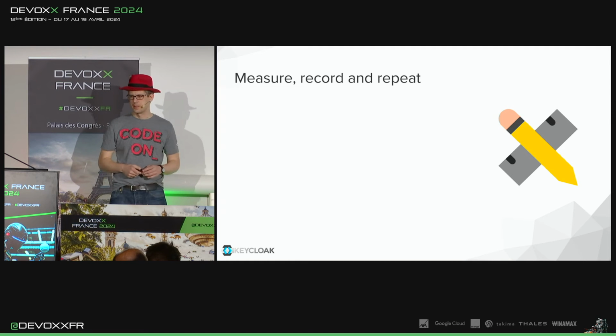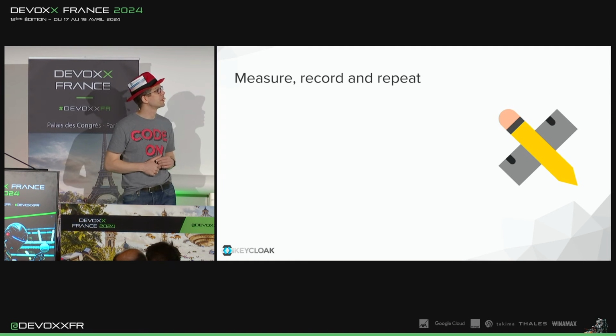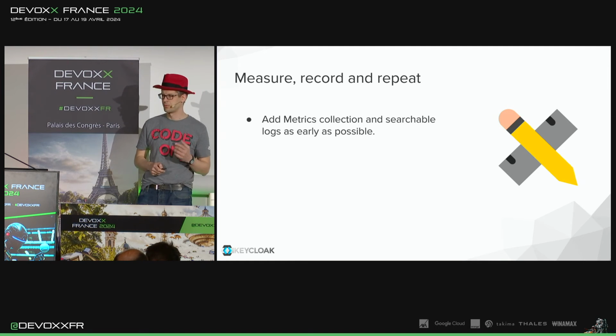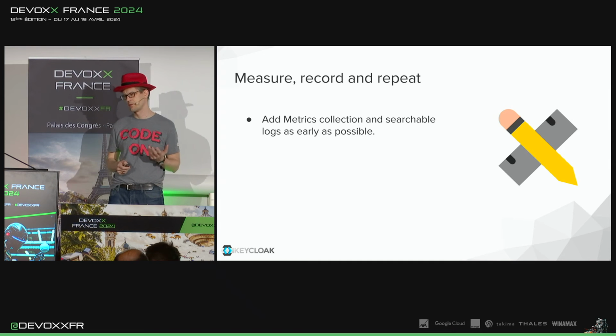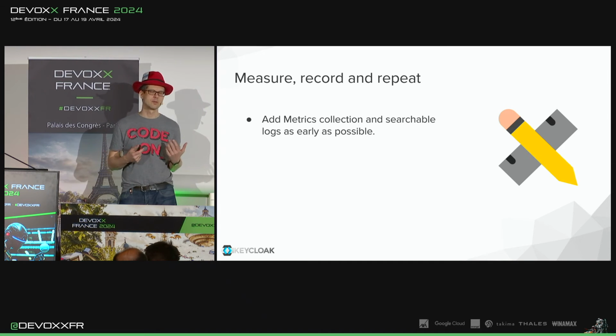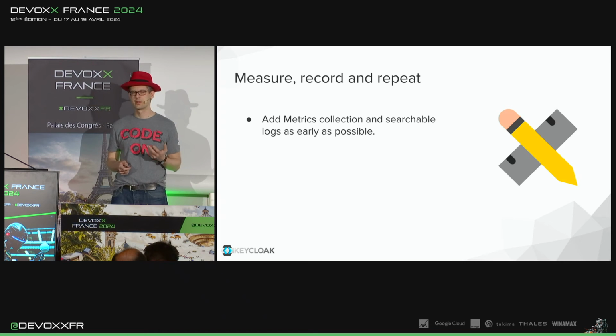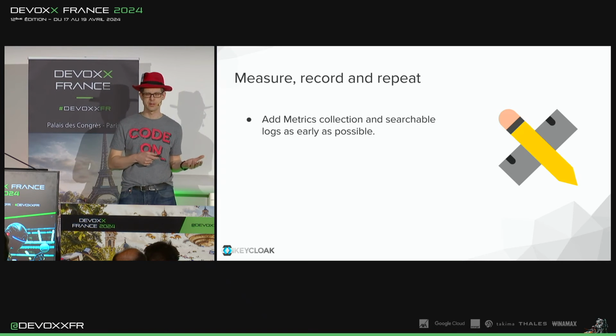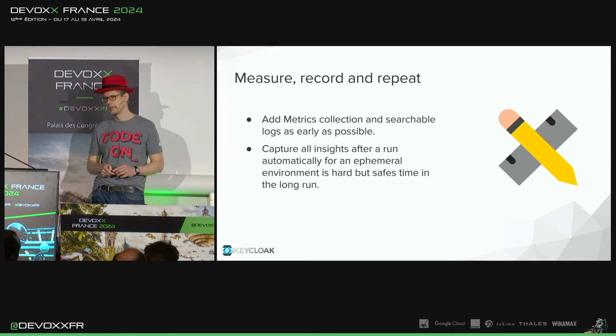Well, we did a lot of testing, and it was, well, measure, record, and repeat. So we had these ephemeral environments, and in these ephemeral environments, the first thing we added was collection of metrics and searchable logs as early as possible, because these are the things that help you to really find root causes.